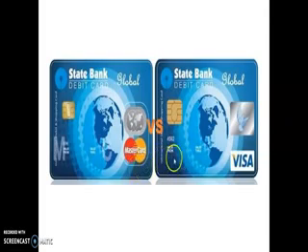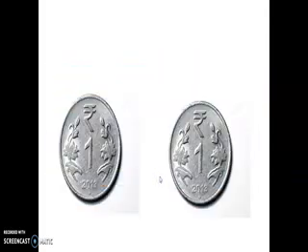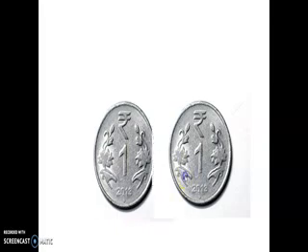So they are identical. And here you are observing two coins minted in the same year. This is minted in 2013 and this is also 2013. If we place this 1 rupee coin on this, what happens?